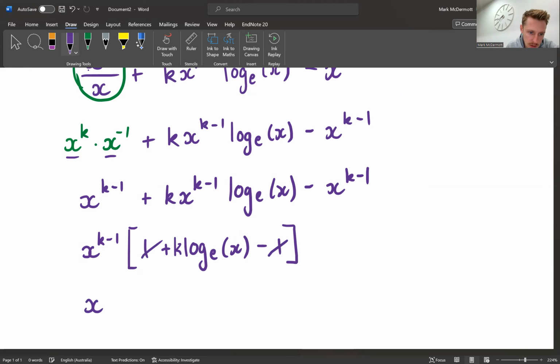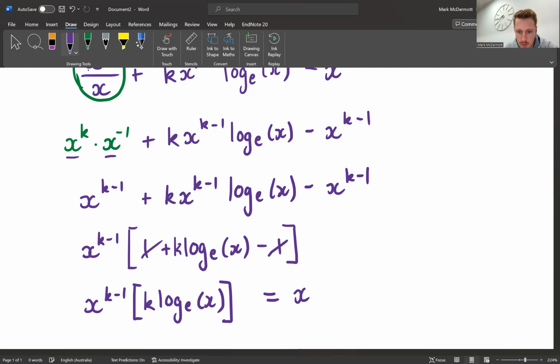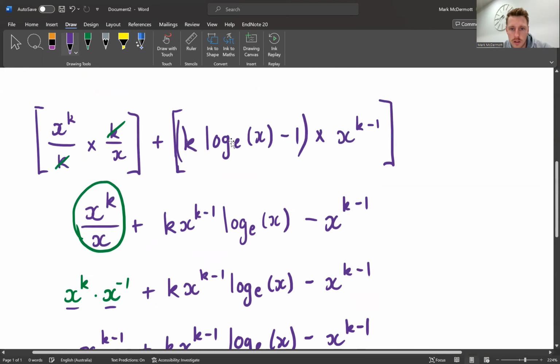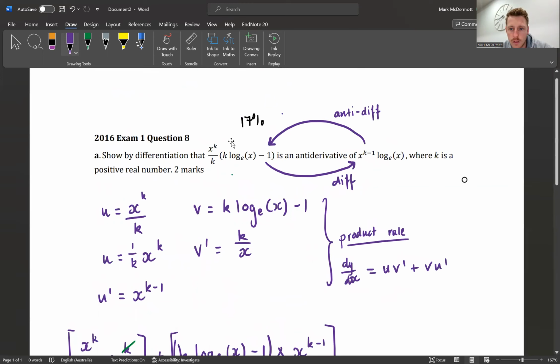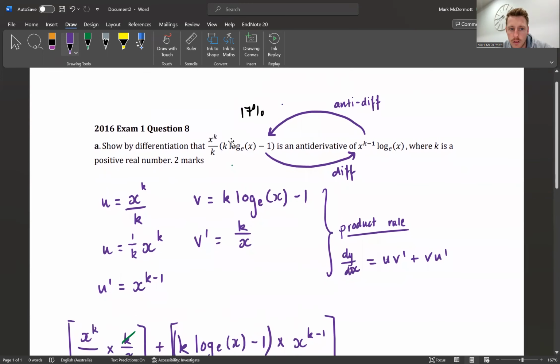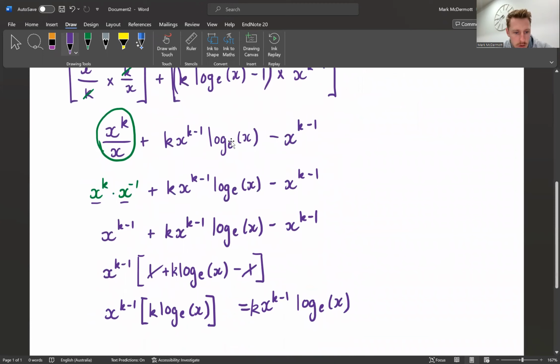So what we get is x to the k minus 1 multiplied by k log base e of x. I don't need the square brackets anymore. Put the k there if we like. That looks a bit better. Let's check. We've still got a factor of k in there.